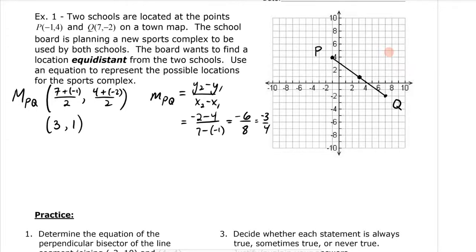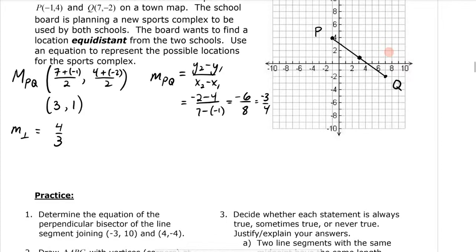Now the perpendicular slope I should say, is the negative reciprocal. So if I took negative 3 over 4 and I flipped it, I would say 4 over 3, and the negative sign becomes a positive sign. So this is the slope of the perpendicular bisector.